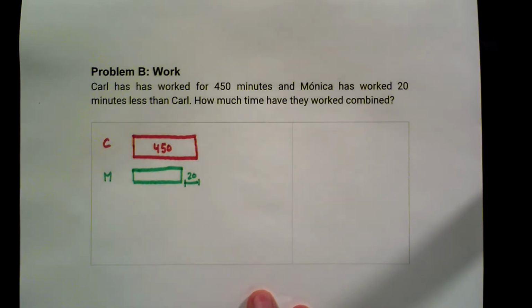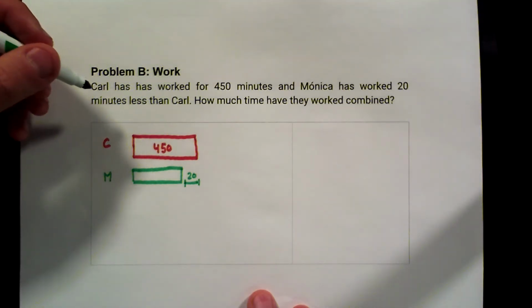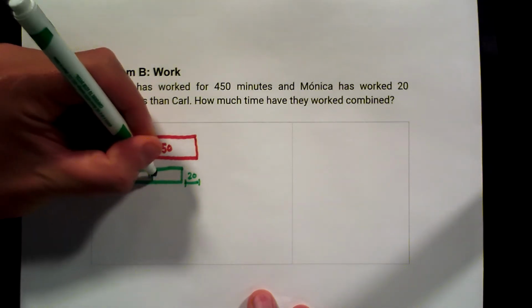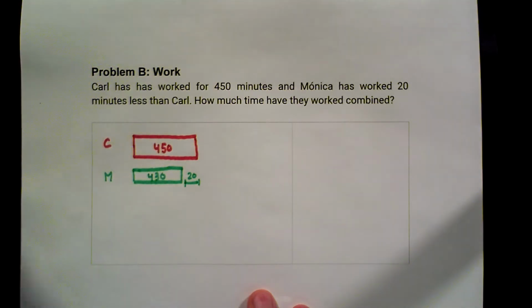This is what we would call a multi-step problem, because we have to do 2 steps to get to the final answer. Right away, we can see, and I'll update it here, that Monica has to be 430. I can quickly check: 430 plus 20 is 450. Now I just need to add Monica and Carl.